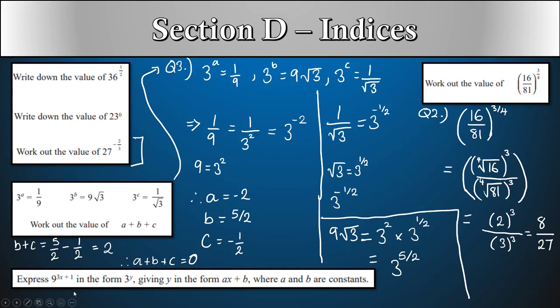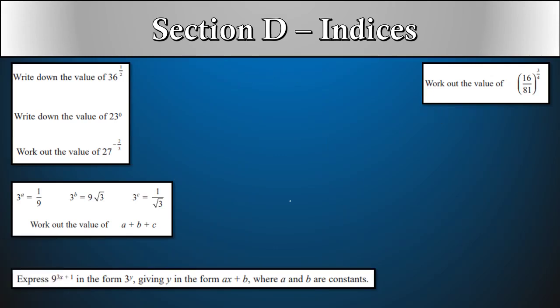And then let's just take a look at this very last one. We've got 9 to the 3x plus 1. We can say this is 3 to the power of y. So we call this question 4 here. So how do we link 3 and 9 again? So like we've just been doing, 9 is 3 squared.